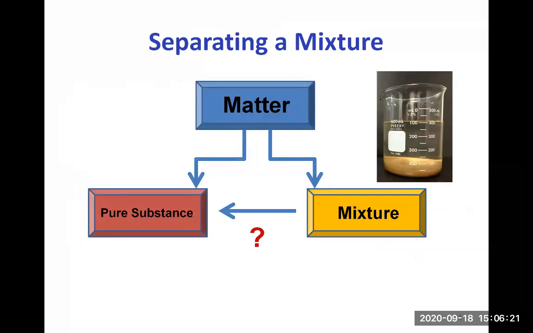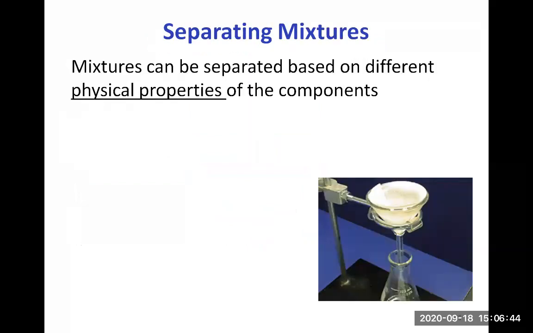So separating a mixture. We know that around us, we see some pure substances, but most of the time, what we see around us are mixtures. There's much more mixtures than pure substances. But the question is, can we separate the mixture and obtain the pure substances back? And yes, we can.